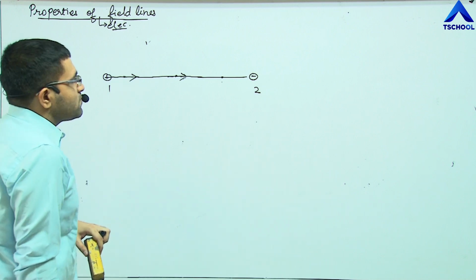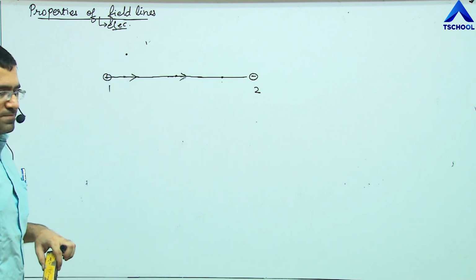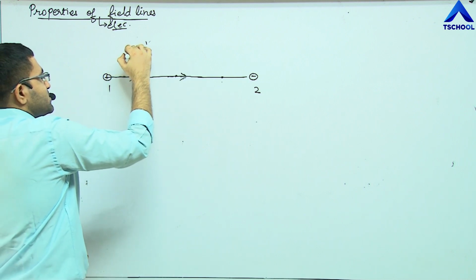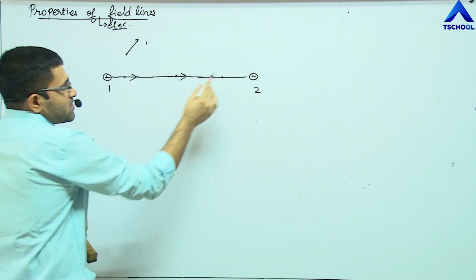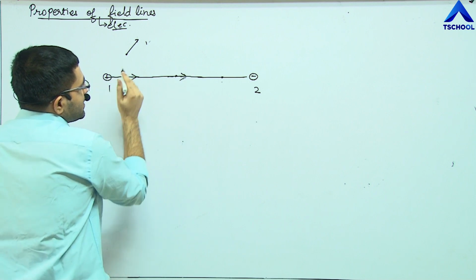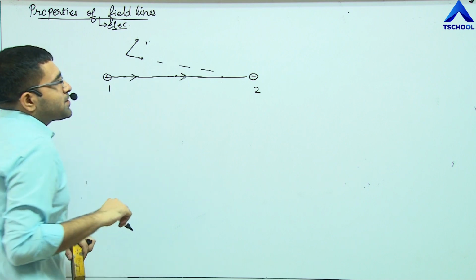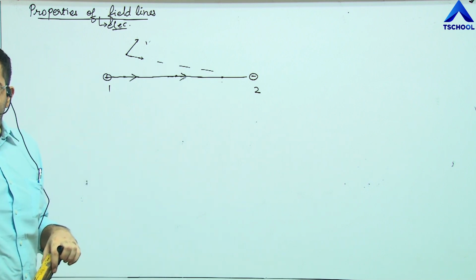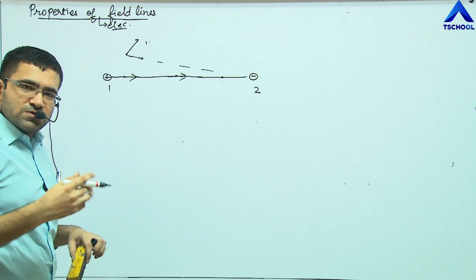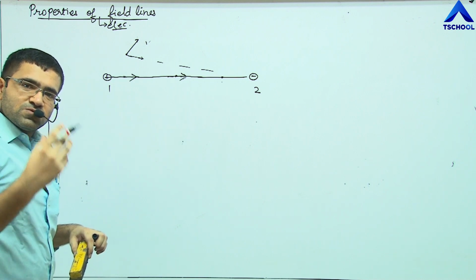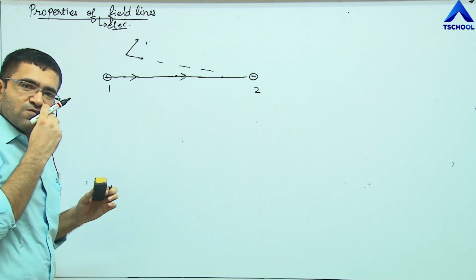But if you think of a point over here, the positive charge will have electric field going away from it, but the negative charge has an electric field going towards it, towards the source charge. But you can't have electric field in both these directions simultaneously. So due to two charges, there is a resultant of the electric field.